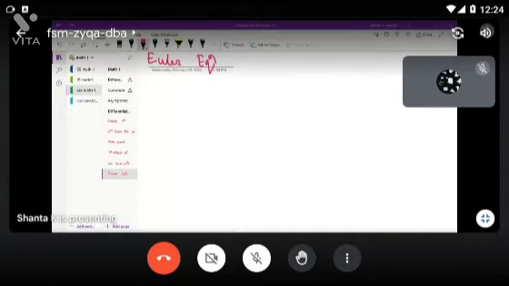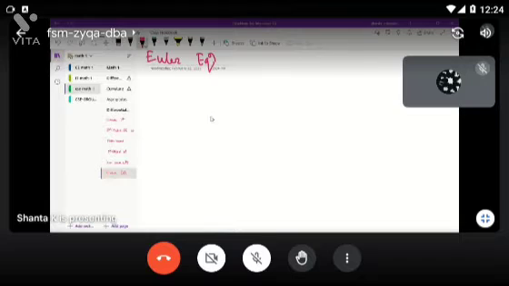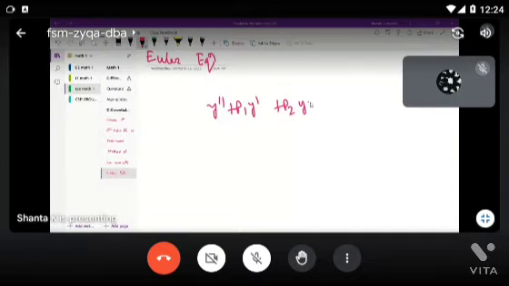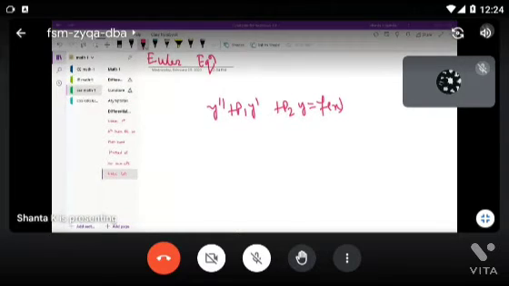So if you look at the second order equation, I'm yet to write, y double dash plus p1 y dash plus p2 y equals to f of x. Okay, this is our equation.